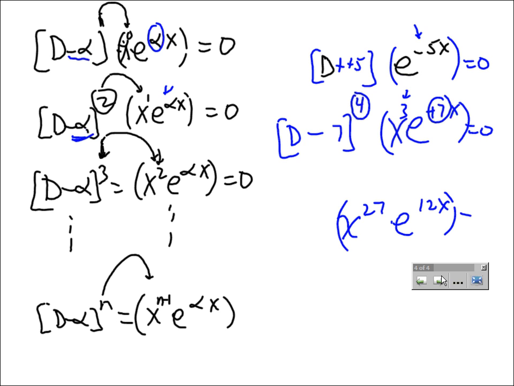It needs to just be first grade. You're going to say, well, it's going to be d minus that number raised to 1 more than the power of x, which 1 more than 27 is 28. You need to be able to say that.